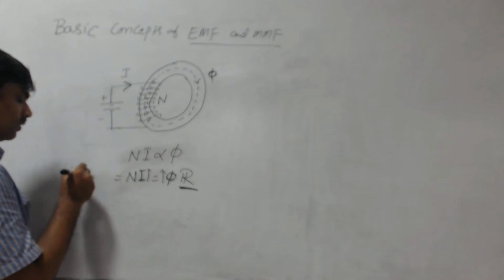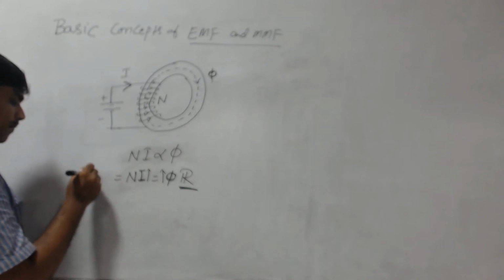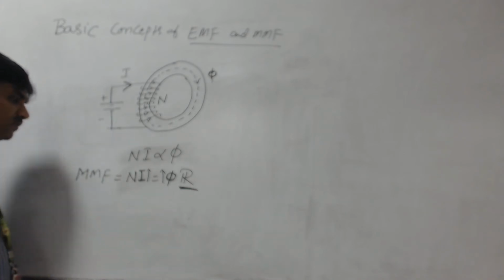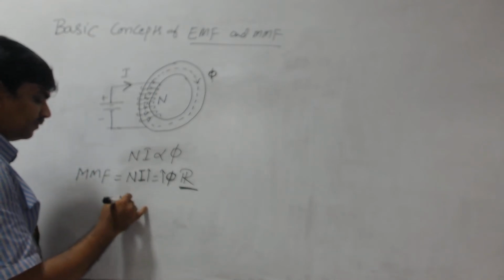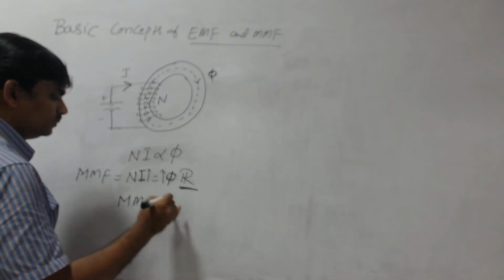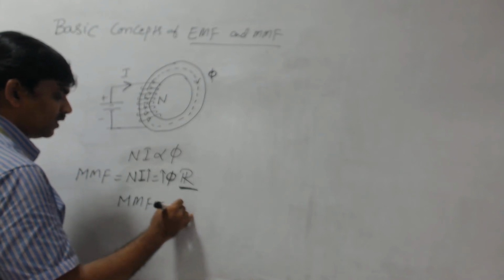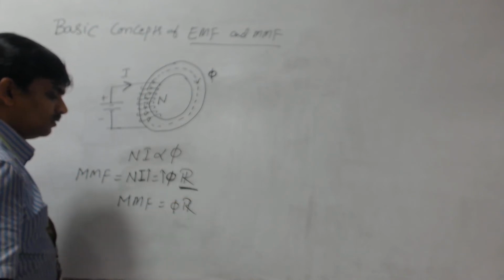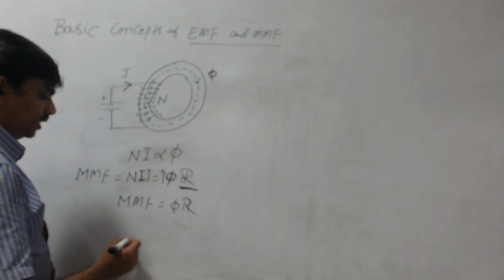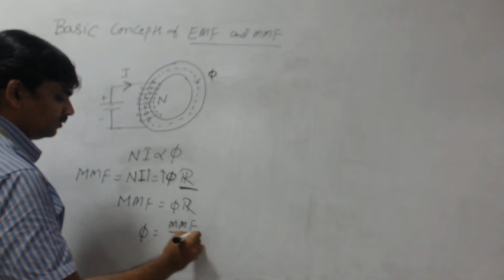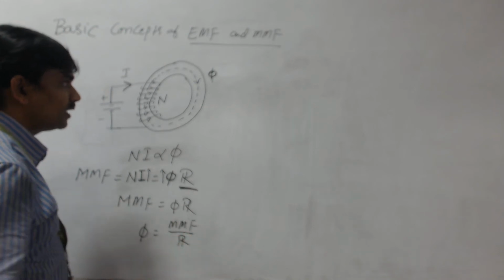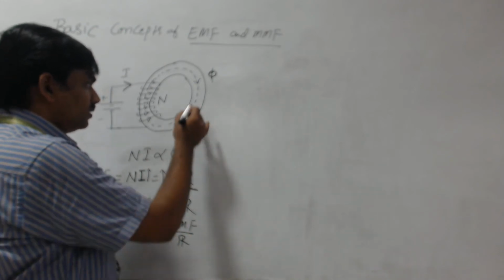This is also called MMF, magnetomotive force. So MMF is equal to flux into reluctance, and flux is equal to MMF over reluctance. What is the reluctance? It is also a material constant.